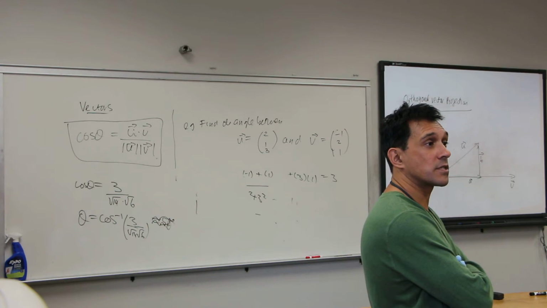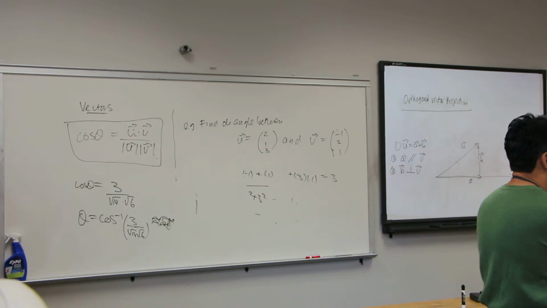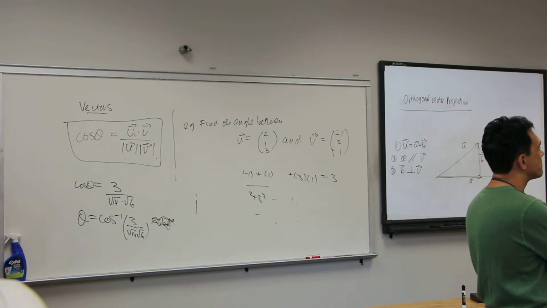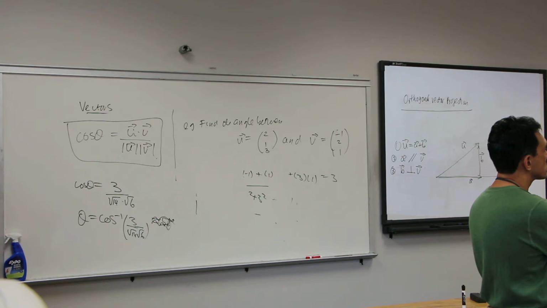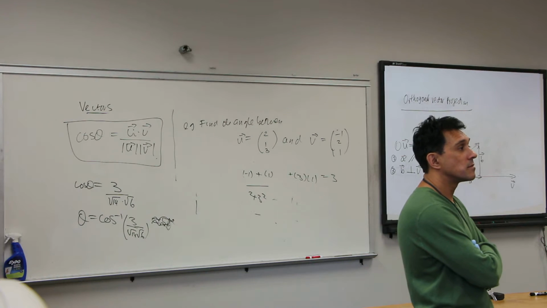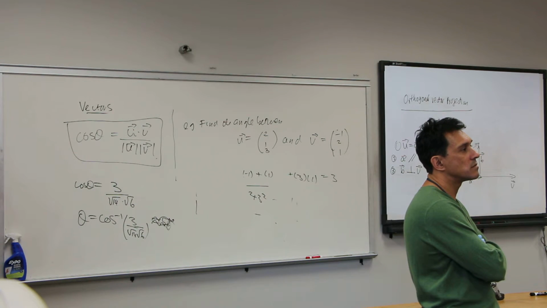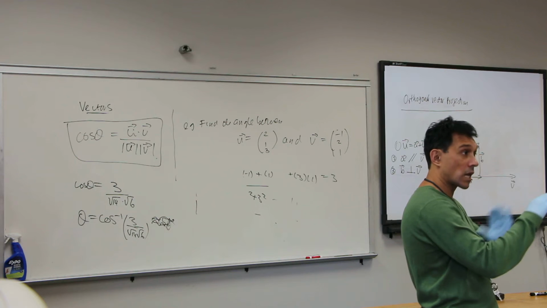Make sure they have the same direction. How do I do that? I will say that A is a scalar multiple of V. Who understands that? Clear.